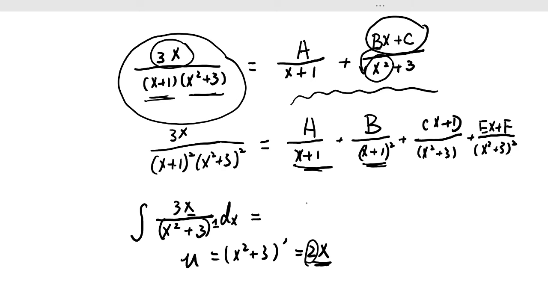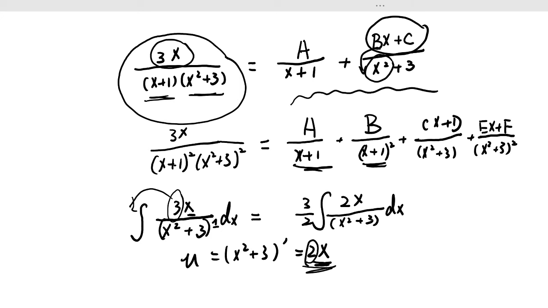So now I'm going to put the 3 in front, do a half, and now I create a 2x. I just move the 3, put it in front, give us half, and make a 2.